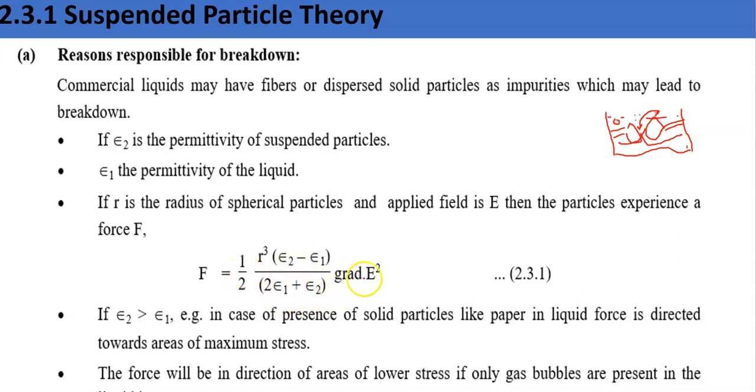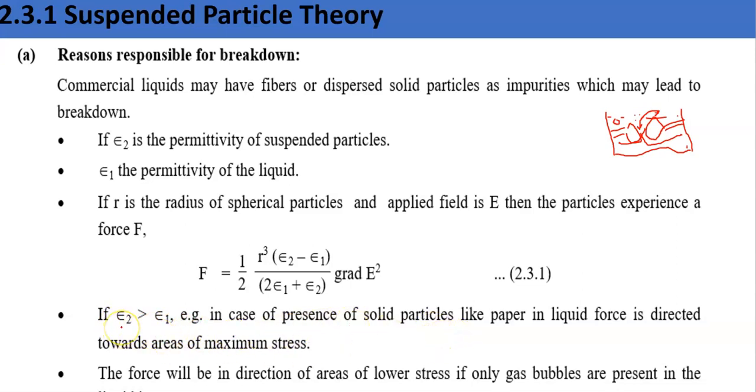It is again gradient E, where E is the electric field intensity, squared. So you can find out the force that will be exerted, and due to that force, the particle will come into the gap if epsilon 2 is greater than epsilon 1 in the case of a solid particle.